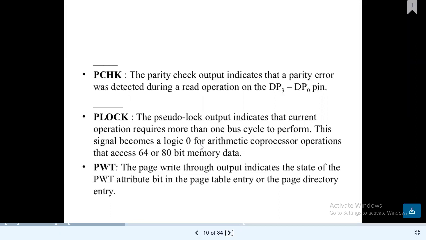This signal becomes a logic zero for operations that access 64 to 80 bits of memory data. The next one is PWT, the page write-through output. This indicates the state of the PWT attribute bit in the page table entry or the page directory entry.